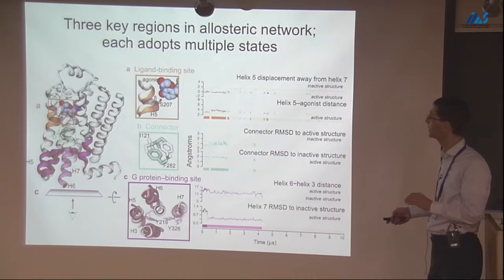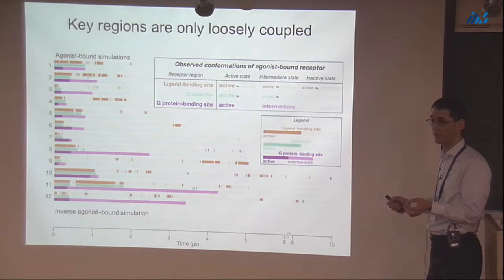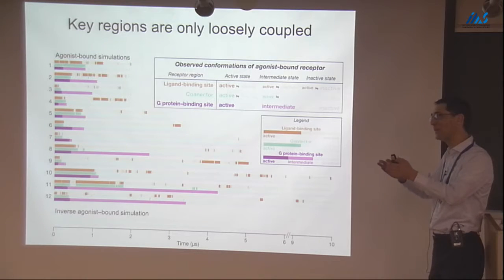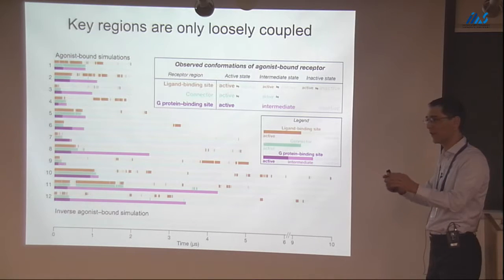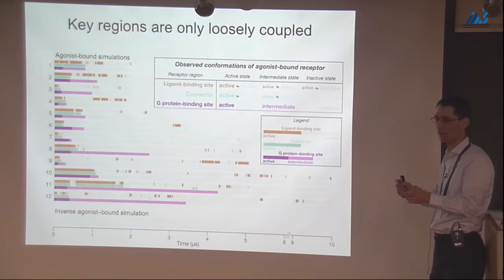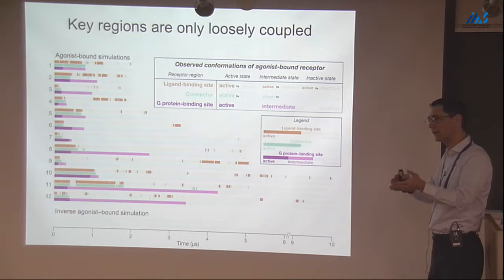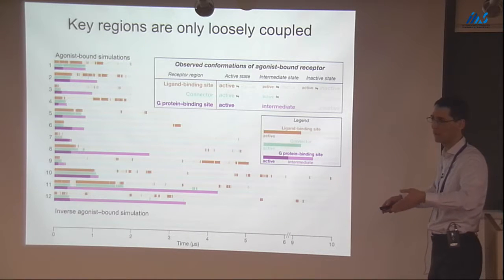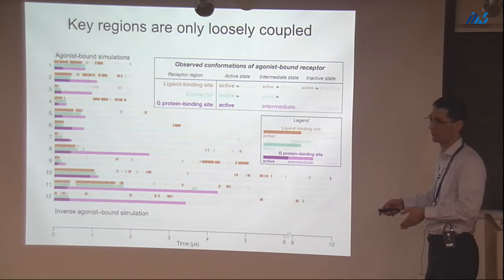They don't move in lockstep, like interlocked gears. Instead, we see many different combinations of conformations of these different sites, almost all the possible combinations. But if one of the sites is in a particular conformation, it shifts the probabilities that the neighboring sites are in a particular conformation, so you still are able to transmit a signal through the receptor.